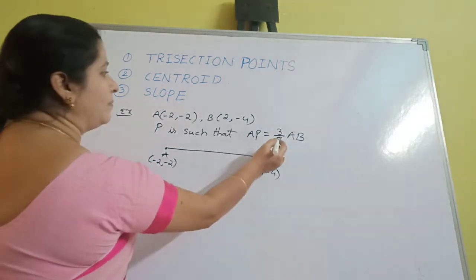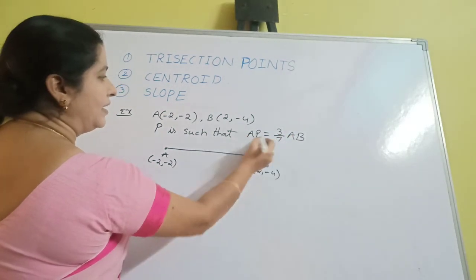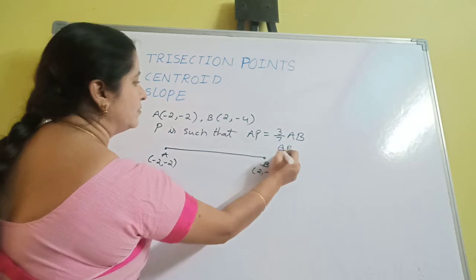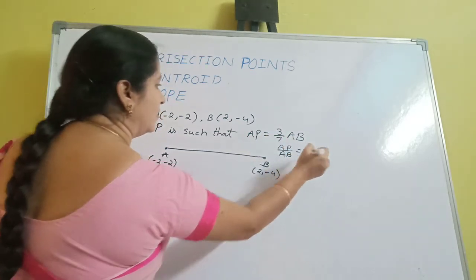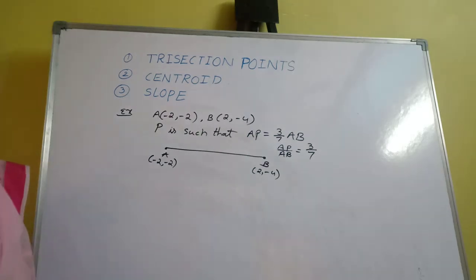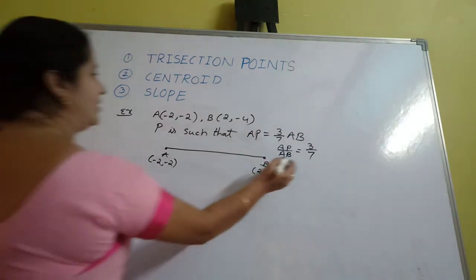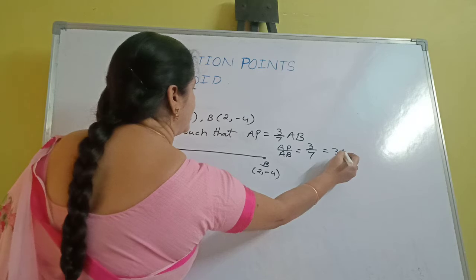Here a condition is given for P. AP equal to 3 by 7 of AB means AP by AB equals 3 by 7. So 3 by 7 means the ratio 3:7.